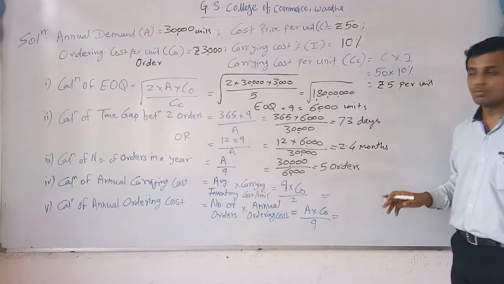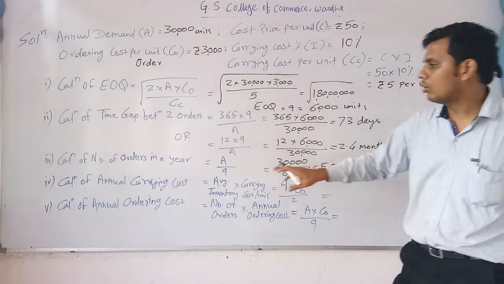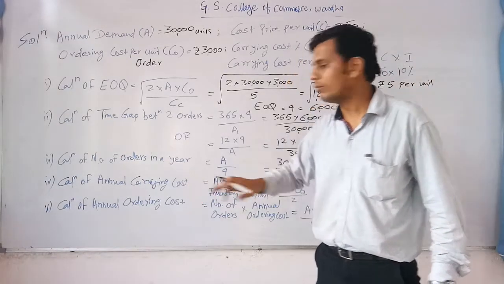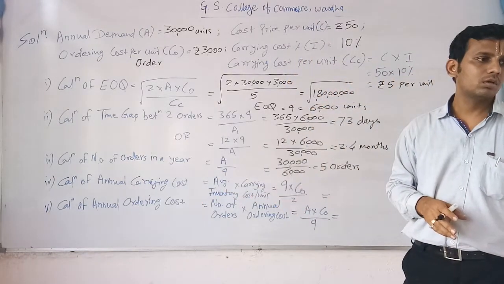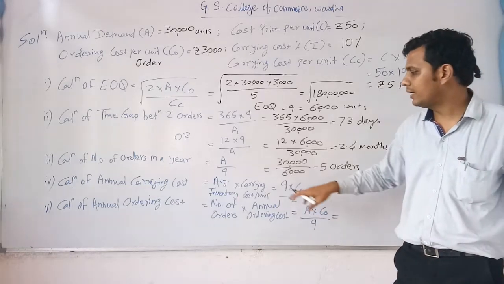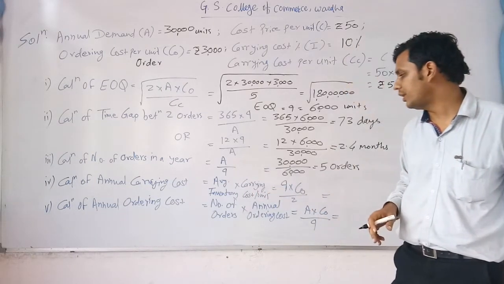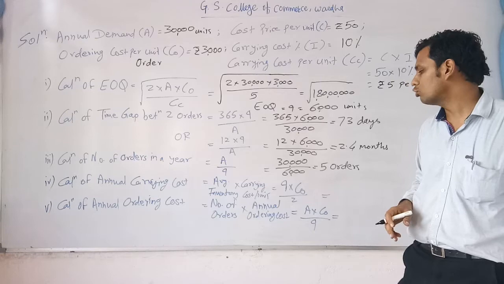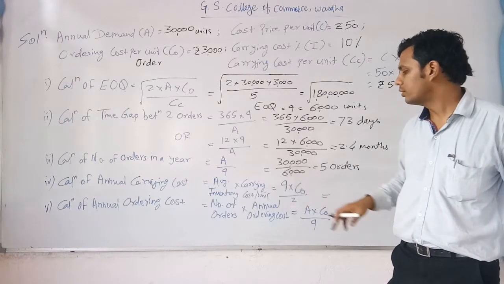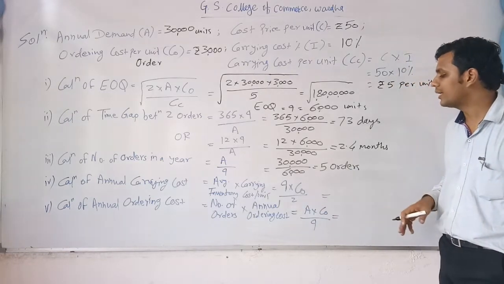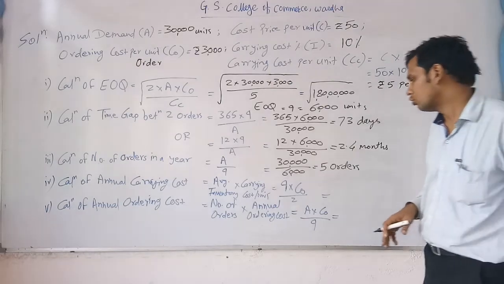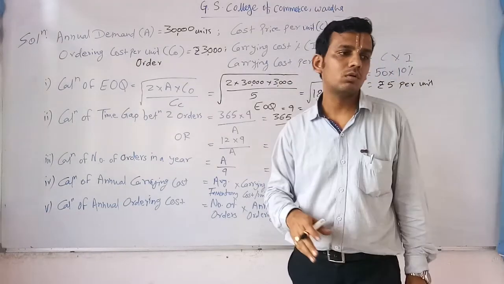Now the fourth part would be the calculation of annual carrying cost. The formula is average inventory multiplied by carrying cost per unit, that is Q multiplied by carrying cost divided by 2.